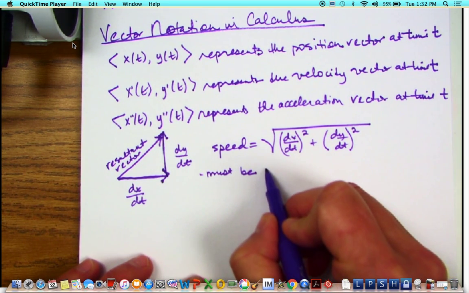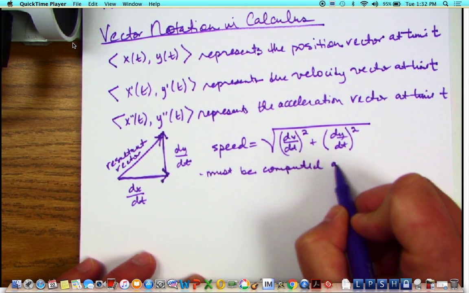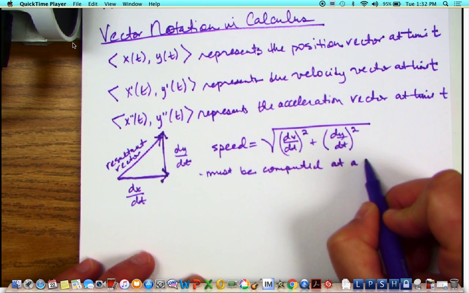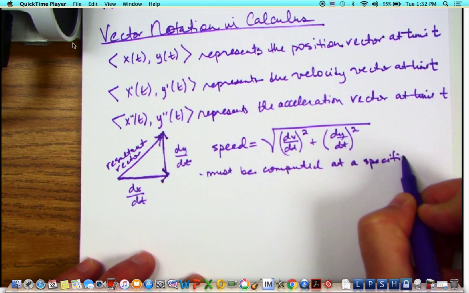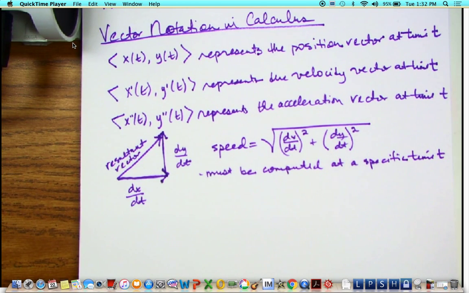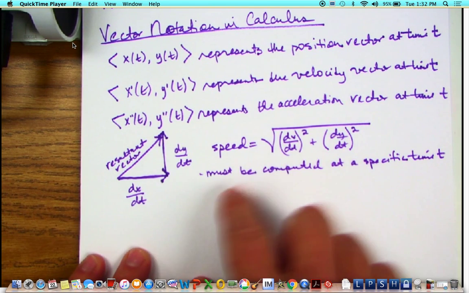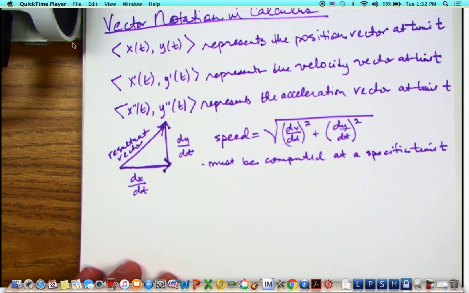So it must be computed at a specific time t. So in other words, it would ask you, like, what is the speed at time 2? So you're going to have to figure out the horizontal component at 2, the vertical component at 2, and then calculate its speed. All right, so how are you going to calculate the distance traveled?